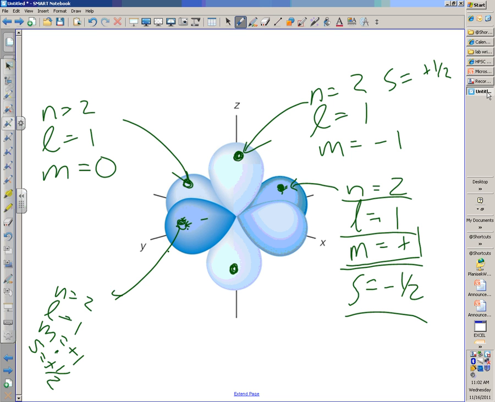Yeah, they're hard questions. Are there going to be some questions like, what shape is a p orbital? The p orbital is a figure eight, a 3-dimensional figure eight. M distinguishes which of these.